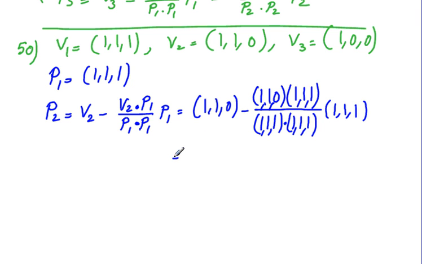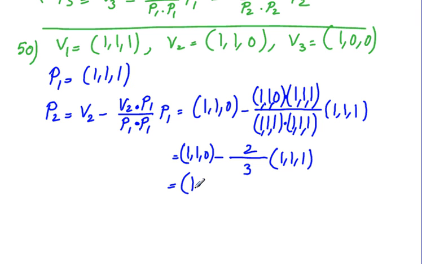Let's just do that. So it's 1 1 0. Do the numerator for me. What is the numerator? Just 2. Denominator? 3, times 1 1 1.